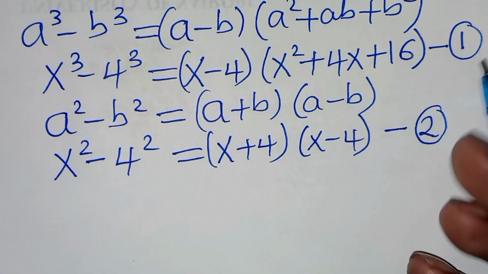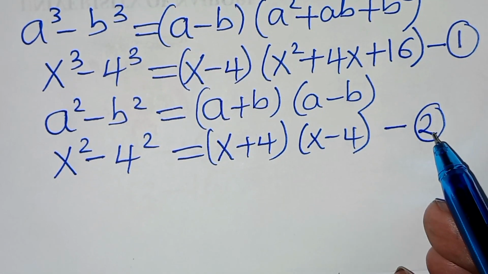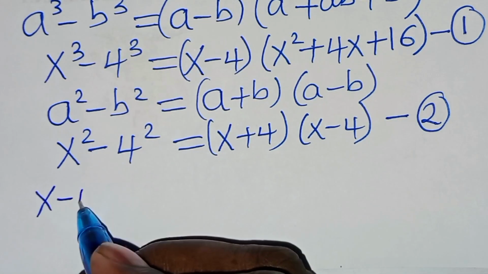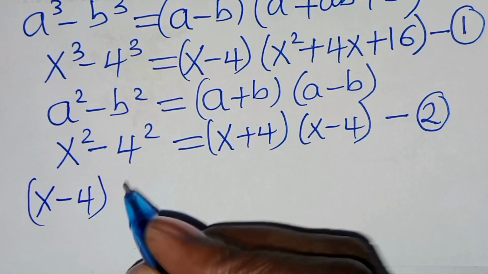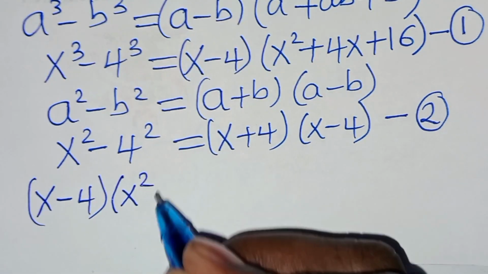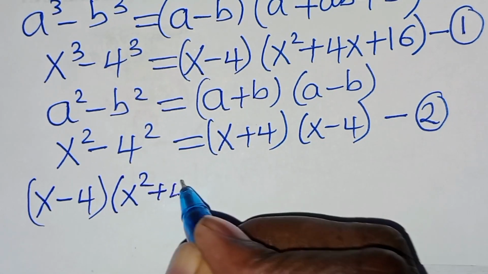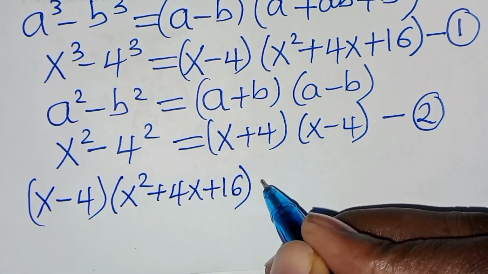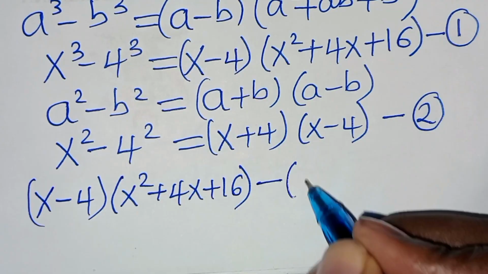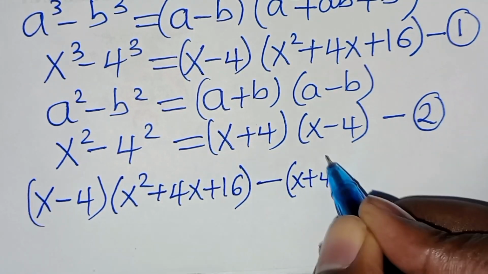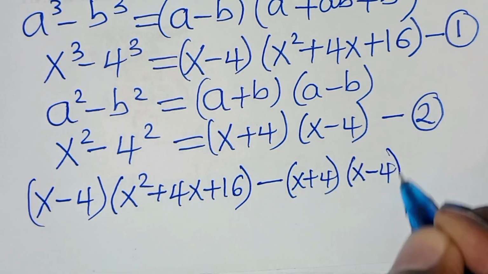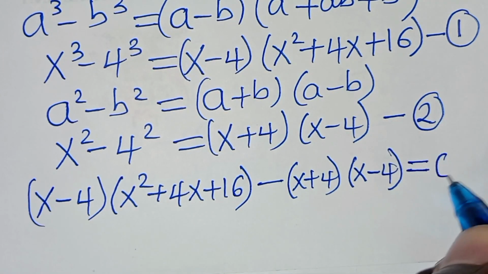So let's combine equation 1 and equation 2. We'll have x minus 4, then x squared plus 4x plus 16, then subtract, here we have x plus 4, then here we have x minus 4, this is equal to 0.